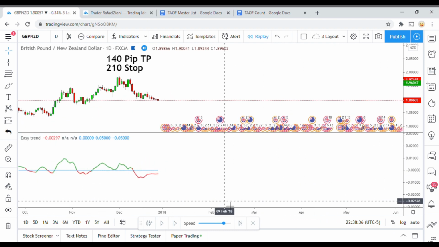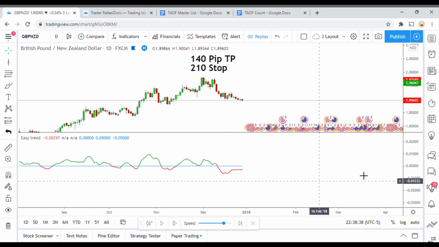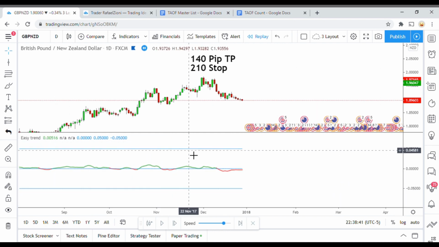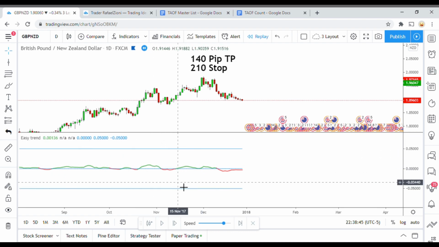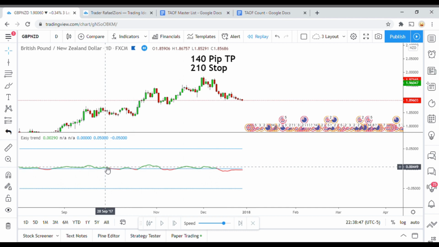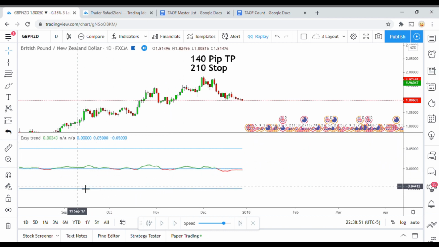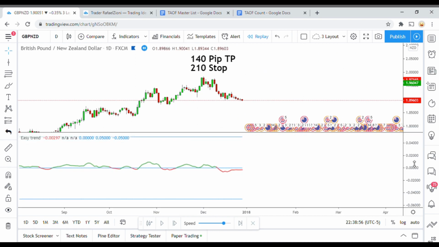I'm not really sure. I don't ever see it going above or below these two lines here, which I'm assuming would indicate an extreme movement in the market one way or the other.